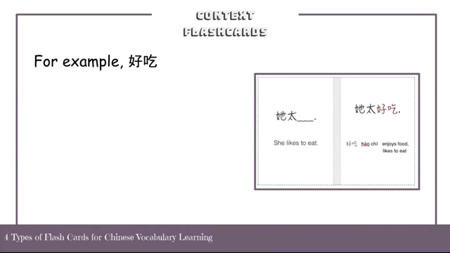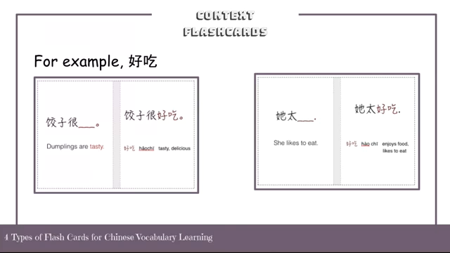If you look at the characters, it's 好吃. Actually, it has two different meanings. So in this case, I made two flashcards to reflect the two different meanings. In the first card, it says 饺子很 blank, and the English is dumplings are tasty.